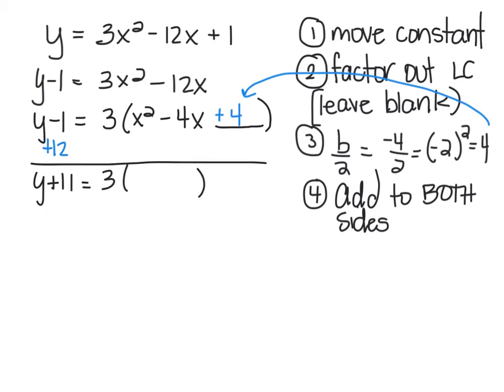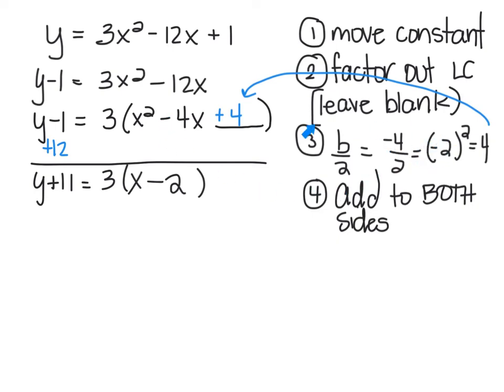Again, this will create a binomial squared. So it's x, this sign comes down, and this number drops in. Notice the sign that comes down is because of the division.